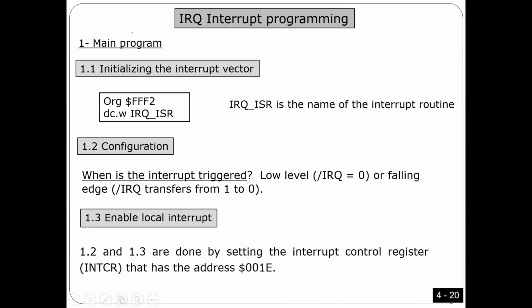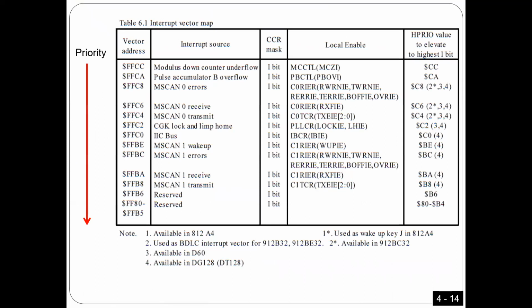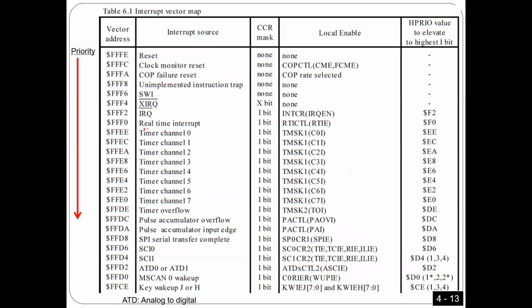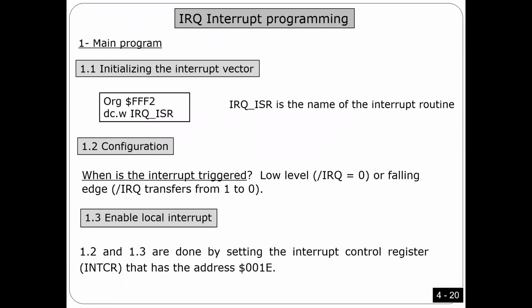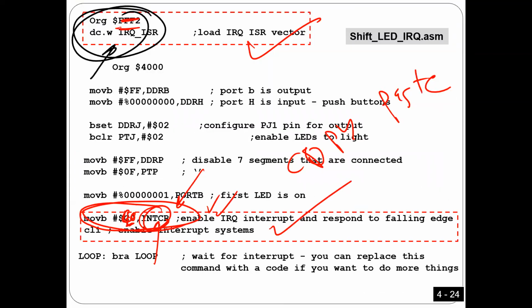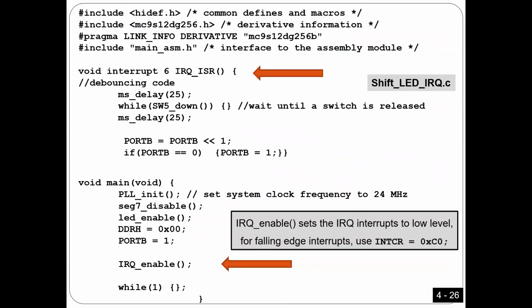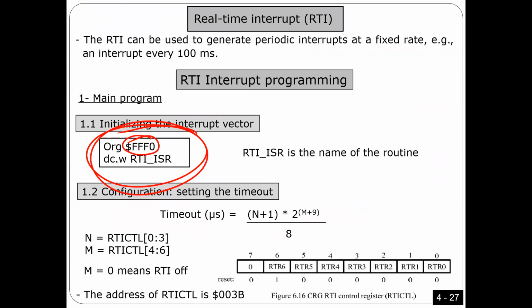Again, you can get this number from the table as I explained before. So here for RTI, I'm going to use this one. For IRQ, I have to use this one. For anyone else, I have to use these numbers. Very simple. So similar to what I did here, guys, in this program, you have to do something like that for RTI, but you have to use this number.